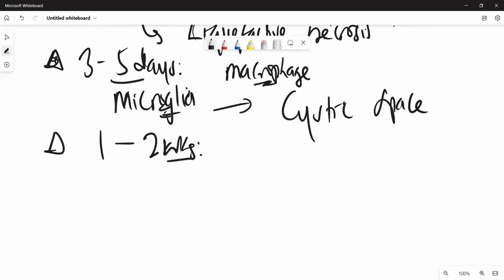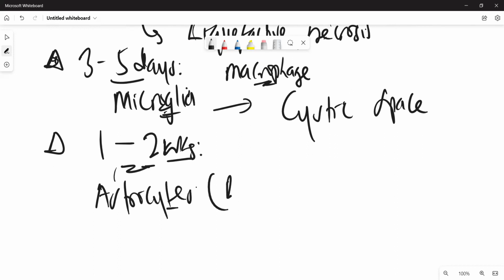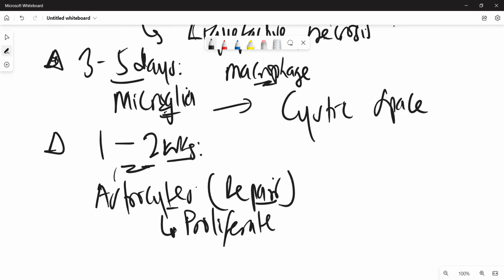now we need to fill back this space or try to repair it. And what normally helps with repair in the brain is going to be your astrocyte, right? So astrocytes normally help with repair. So the astrocytes are going to proliferate and try to repair this space, this cystic area. And that proliferation of the astrocytes is what we call reactive gliosis.